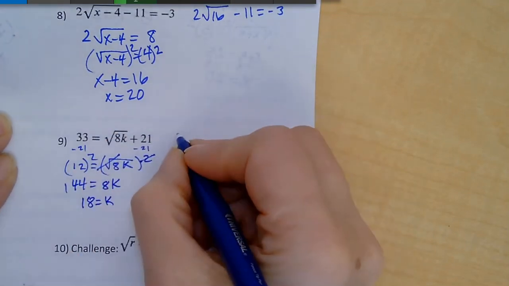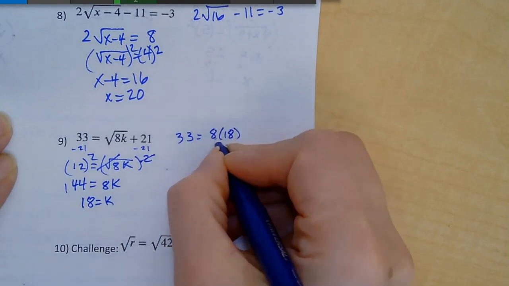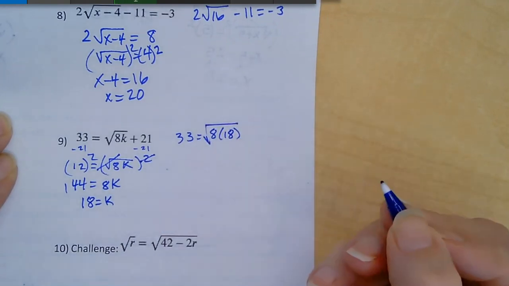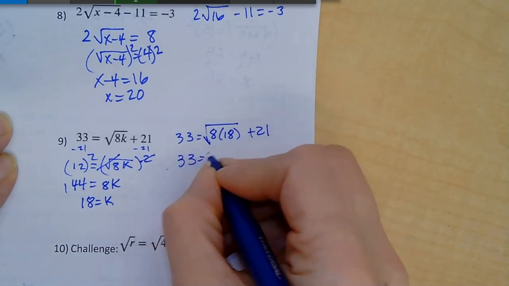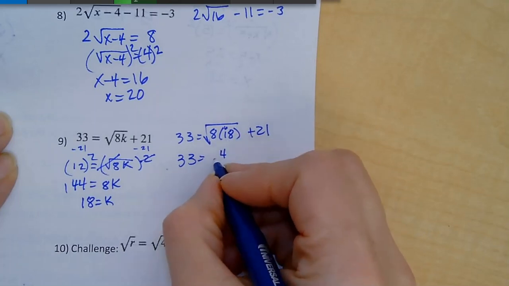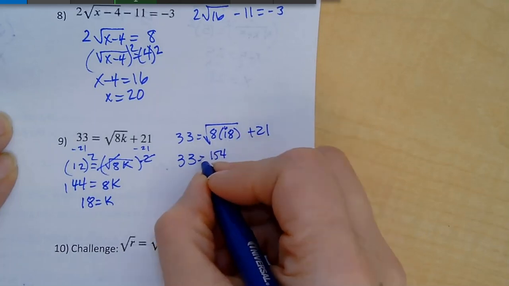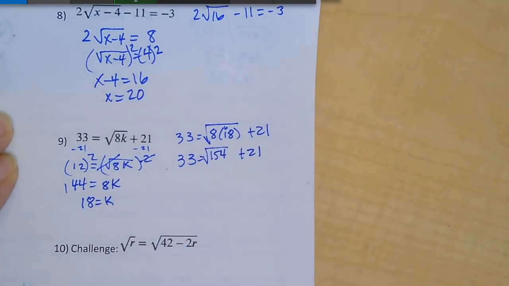So just for kicks, 33 equals the square root of 8 times 18, plus 21. So 33 equals 8 times 8 is 64, 8 plus 6 is 15, 154. Square root, that doesn't seem right. We're going to have to figure out what I've done there. Hold on. How about 144?